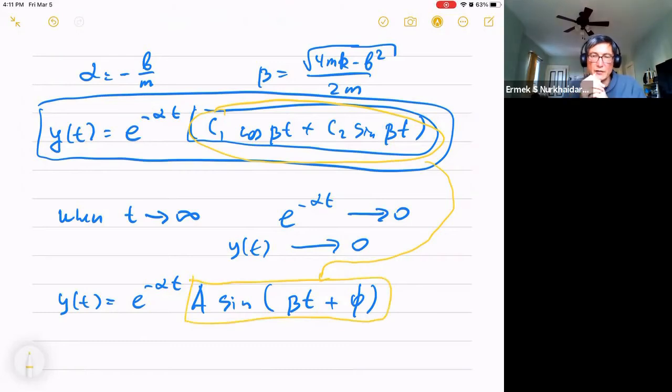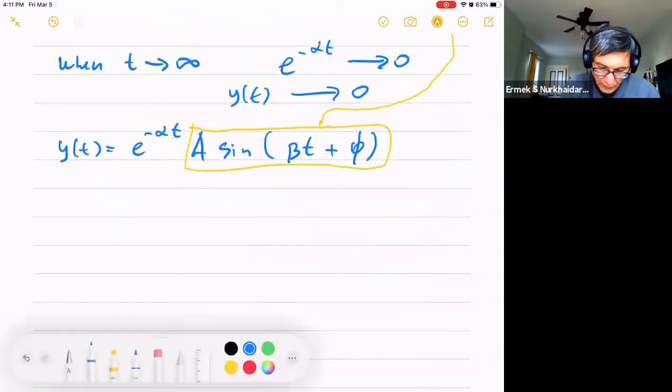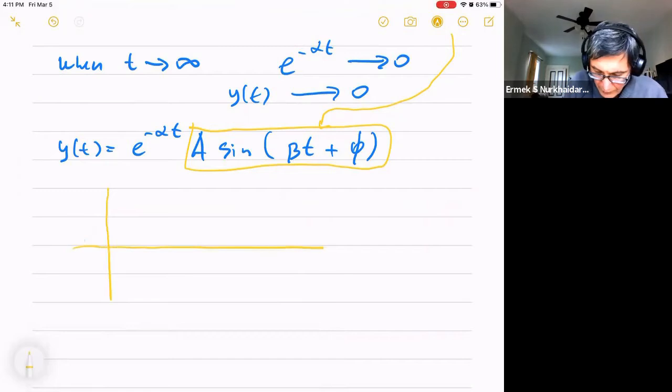The only difference is instead of omega, we have beta. And if you look now, what does that expression tell you? It tells you how the picture is going to look.